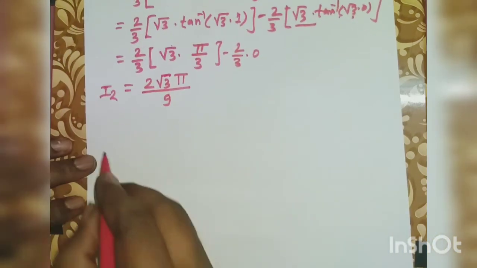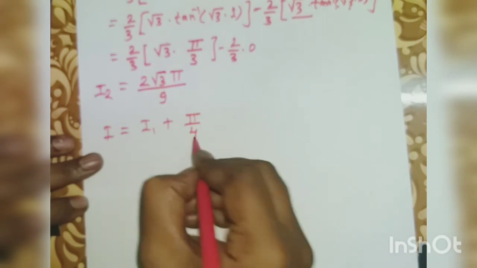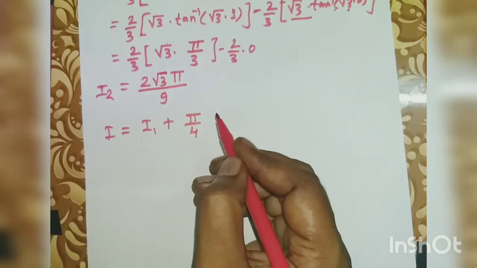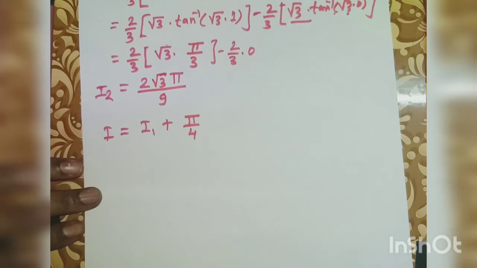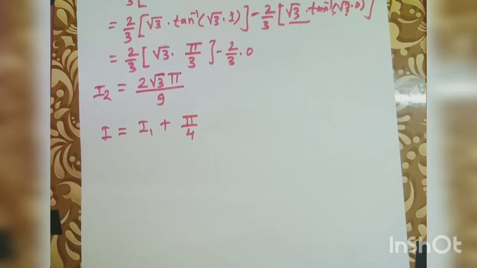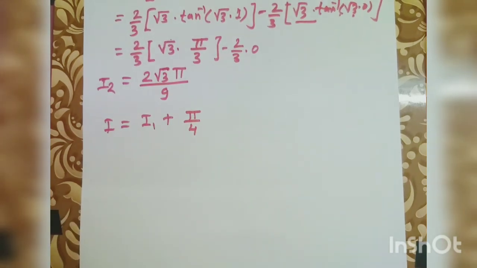This is the value of I2. Now we write I is equal to I1 plus pi by 4 into I2.